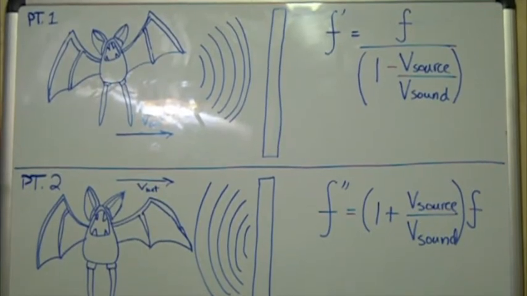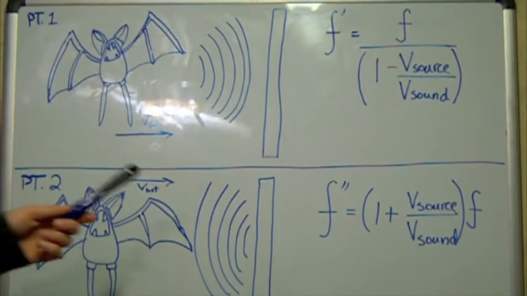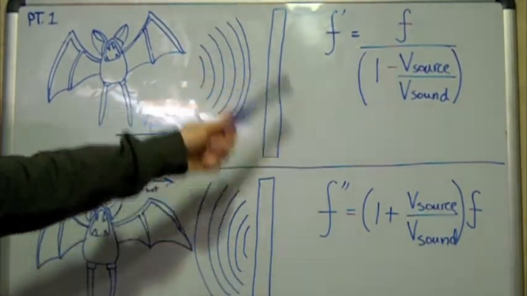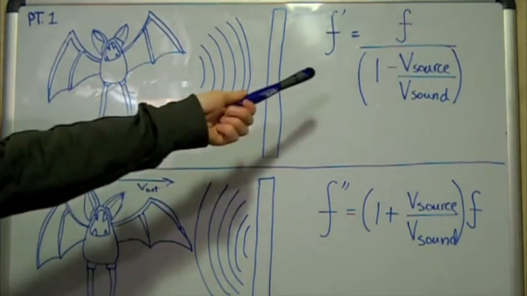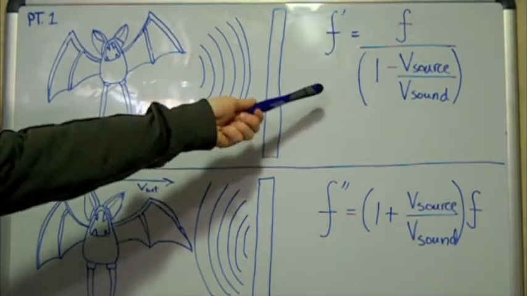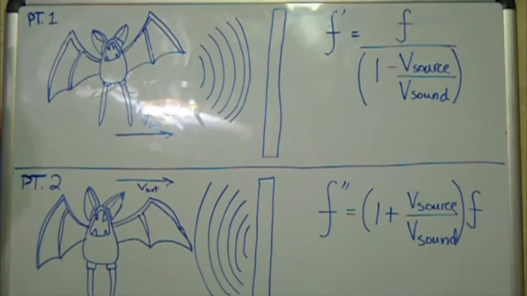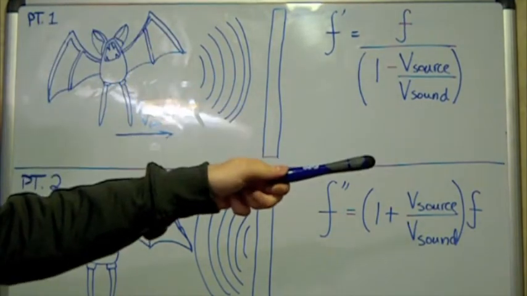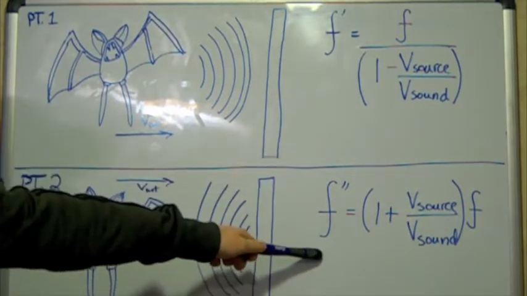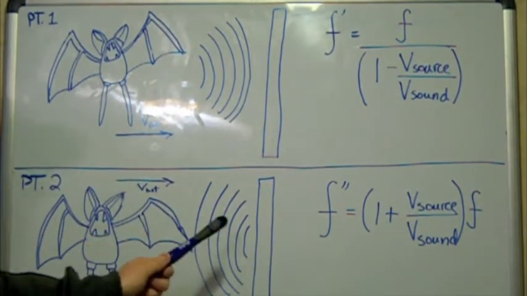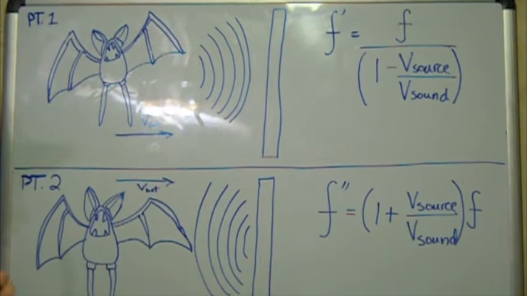From the 4 formulas that we showed you in the previous slide, here are the 2 that are going to be relevant for our example. Just to reiterate, this formula is for when the bat is sending its signal out against the wall, and the second formula is for when the wall is reflecting that signal back to the bat.